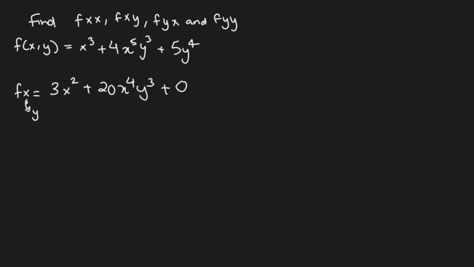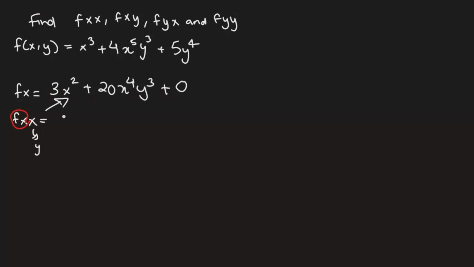Okay, now once we have f_x, we have to find f_xx. So we are differentiating with respect to x, but now we're not differentiating the original function. We're differentiating this function, because we already have f_x, and we are going to differentiate it with respect to x. You have to remember that y is a constant again.